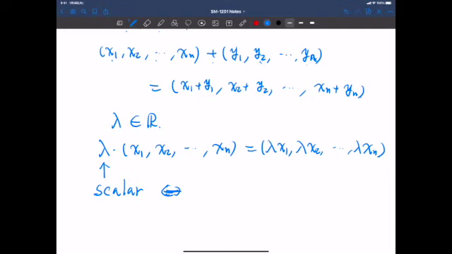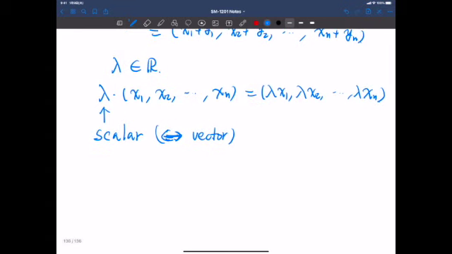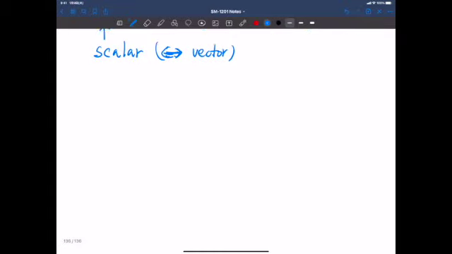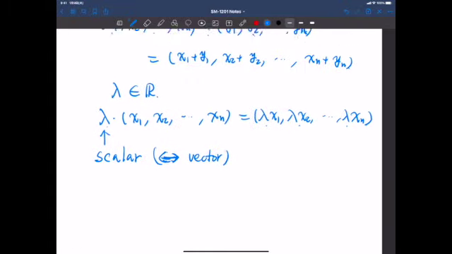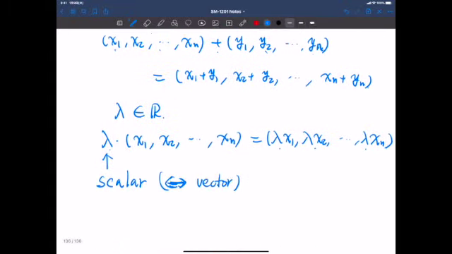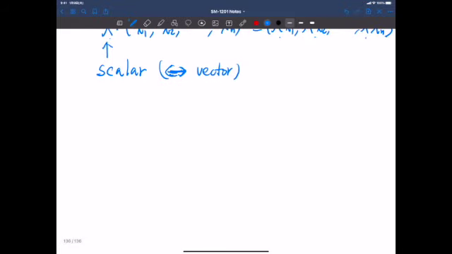So a scalar is not a vector. It's called a scalar because it scales each element by this constant. And we can also arrange these n numbers vertically. So we can write x1, x2, and so on in this way.